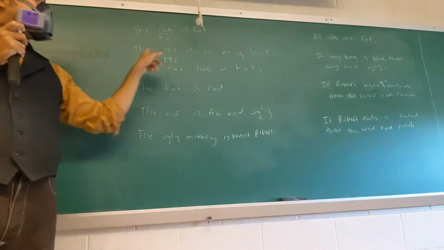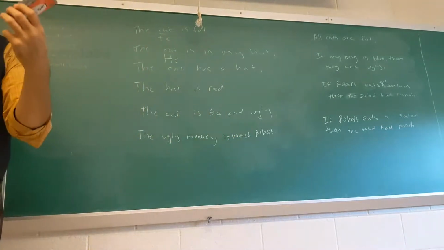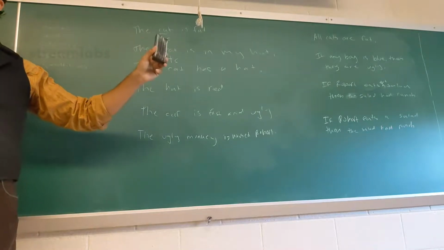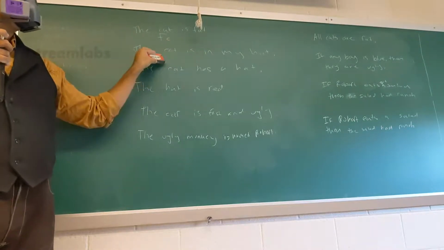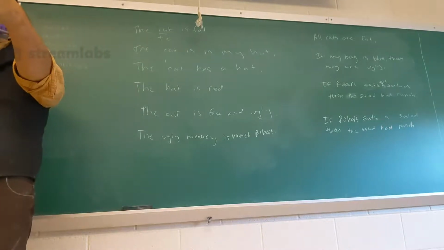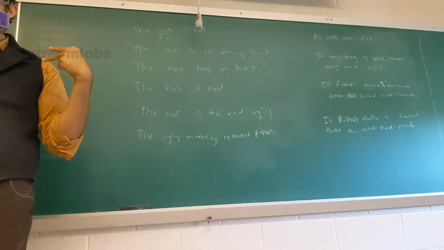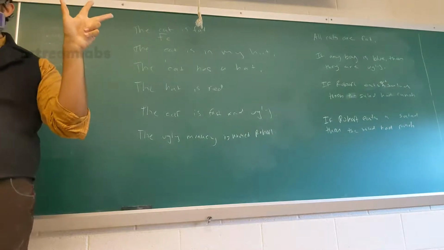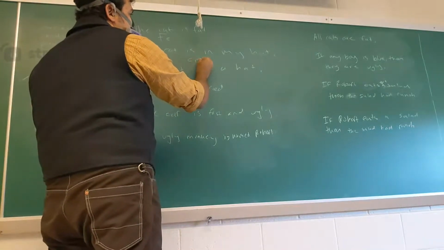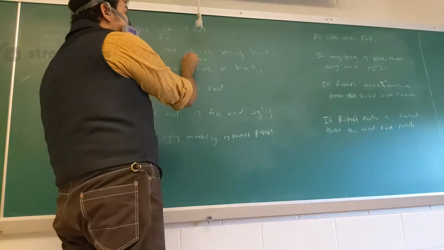So you could just define the property "is inside my hat" as H. But really, this is a multi-place predicate because it's a definite hat, it's a definite cat, and I'm a definite person, me. Three subjects. Cat, M for me, hat, for my particular hat.